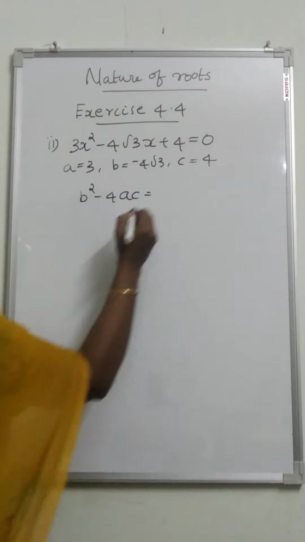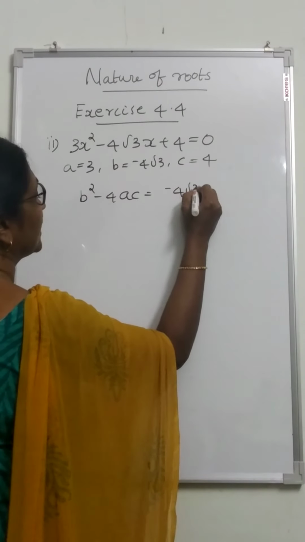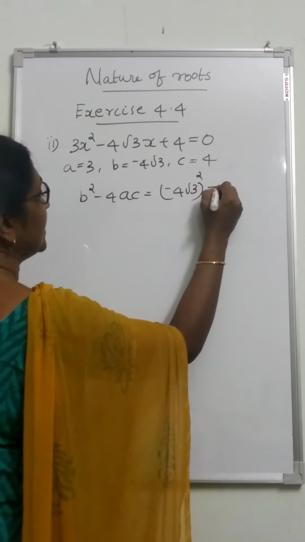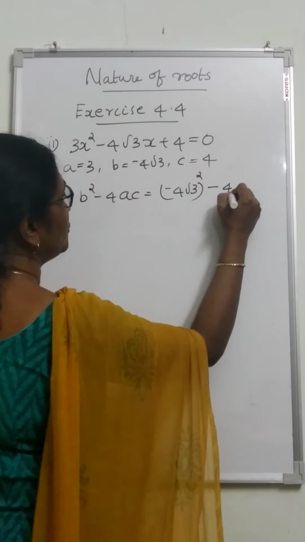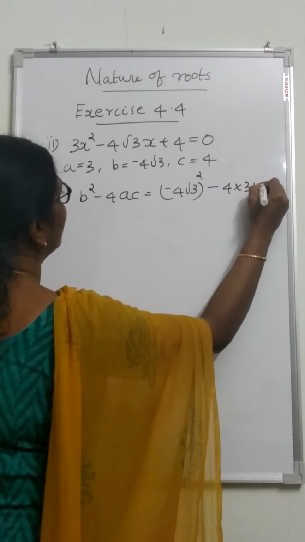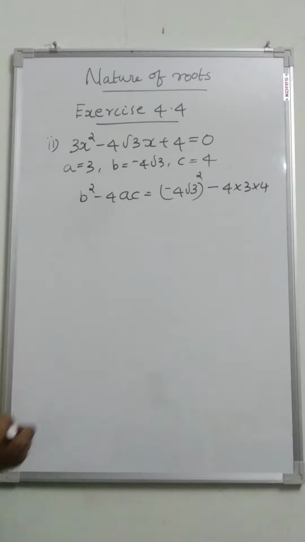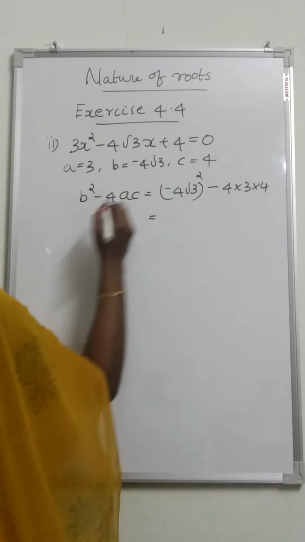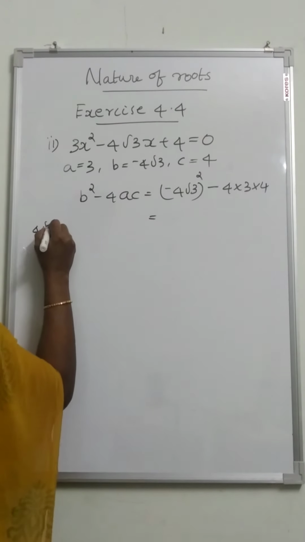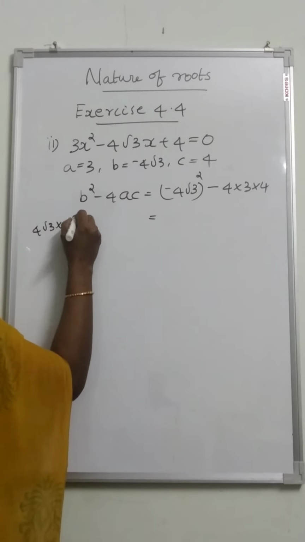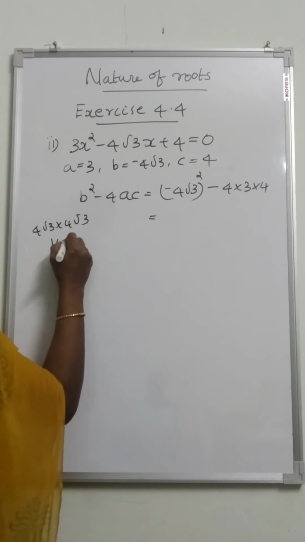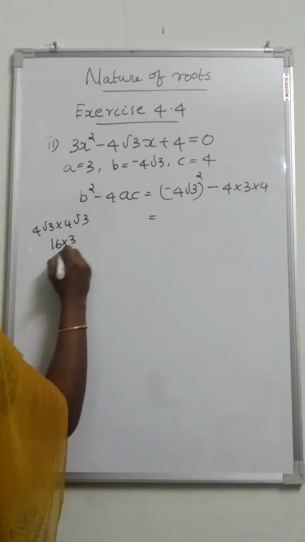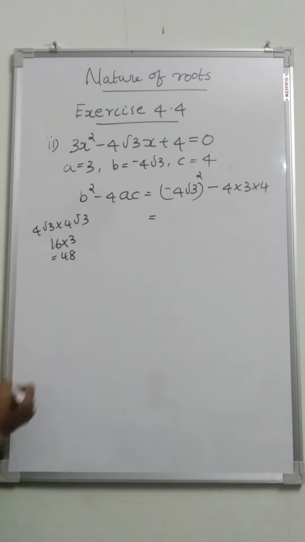B square minus 4AC, that is minus 4 root 3 the whole square minus 4 into 3 into 4. Minus 4 root 3 the whole square, 4 root 3 into 4 root 3. 4 4s are 16, root 3 into root 3, 3, 16 into 3, 48.